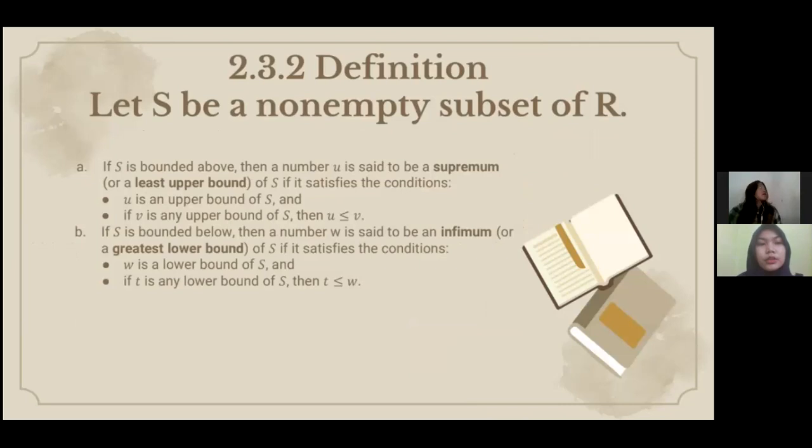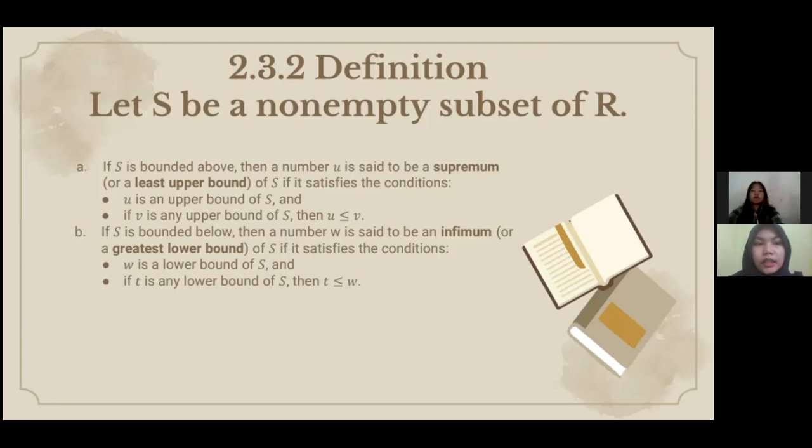First, u is an upper bound of S, and second, if v is any upper bound of S, then u ≤ v.